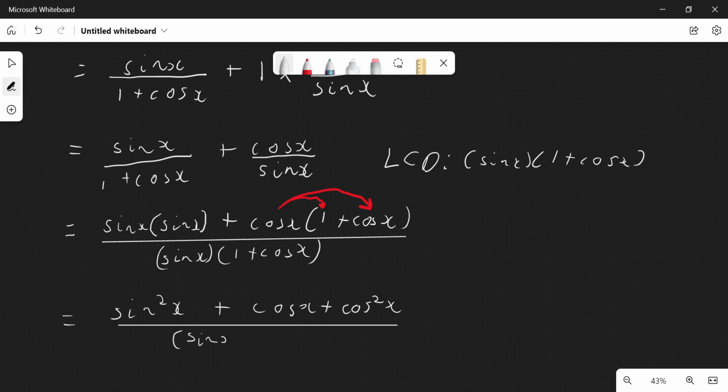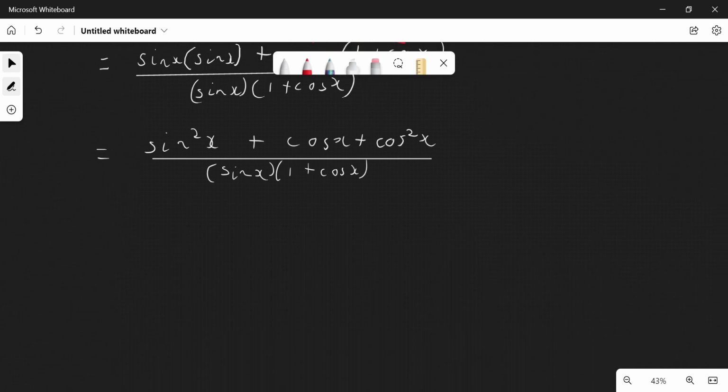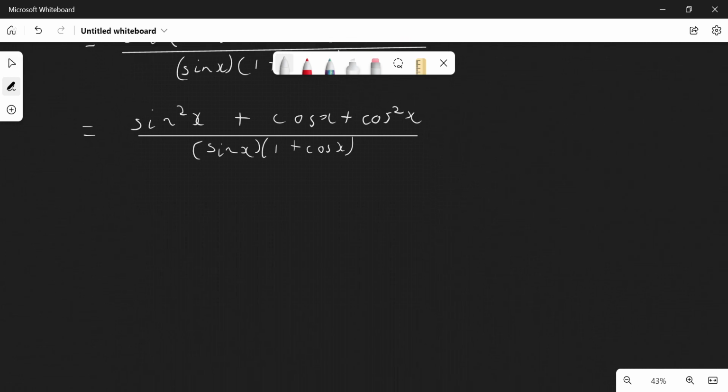I'm keeping the denominator separate for now, just for caution, and not multiplying it in. Experience and instinct tell me not to do that for now. Looking at the top, the bells in my head should be going off, because I have a sine squared x plus a cos squared x. That's our identity, and it's equal to 1.